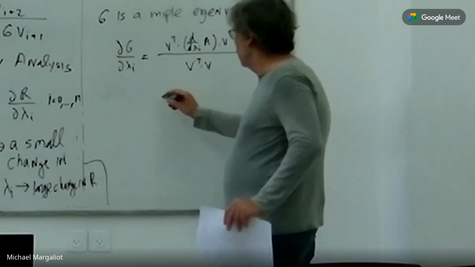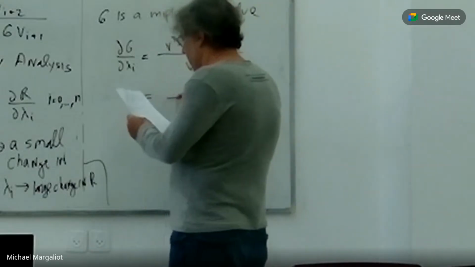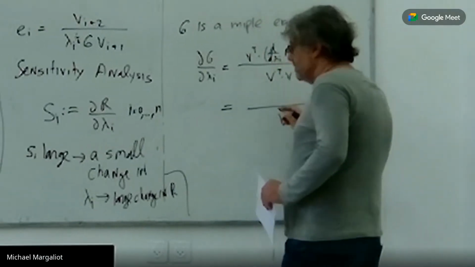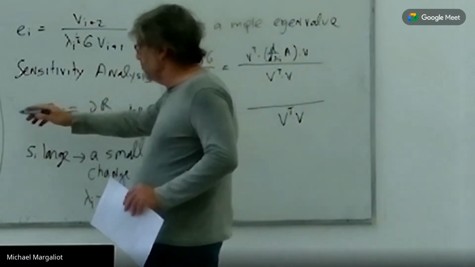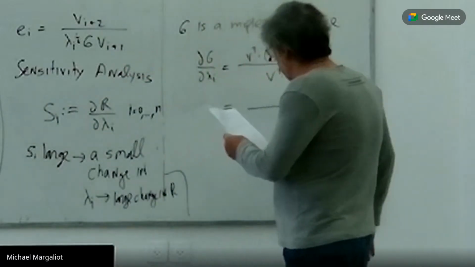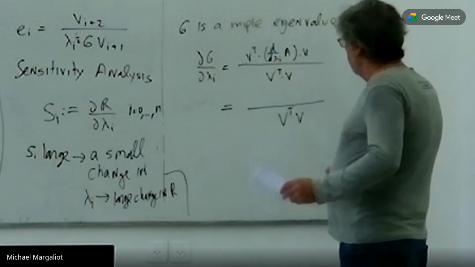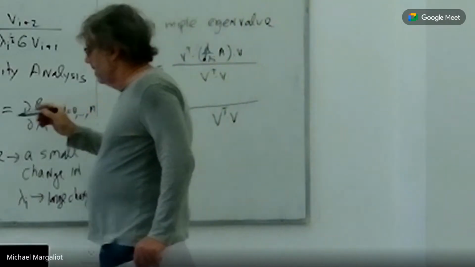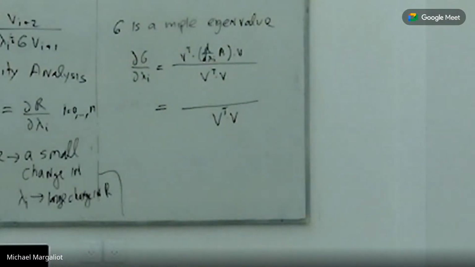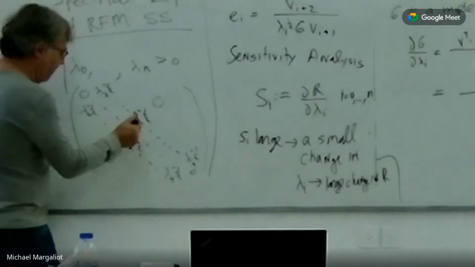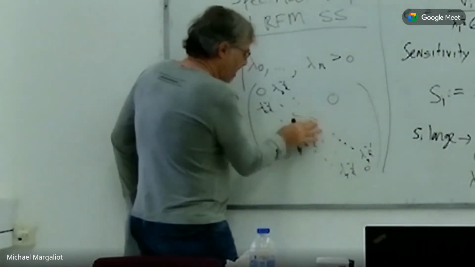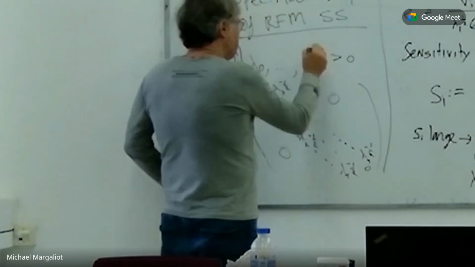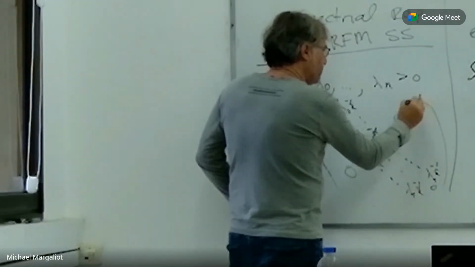Now, I can substitute everything here. V transpose I keep. V is the corresponding eigenvector, yes? V here I keep, and I know what happens when I differentiate A by lambda I. So what do I get when I differentiate by lambda I? I had lambda I to the power minus half.